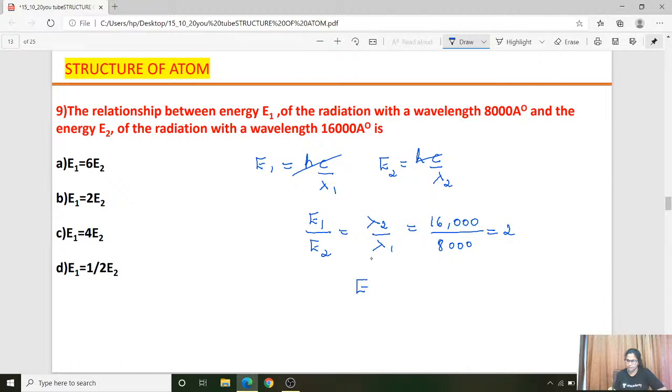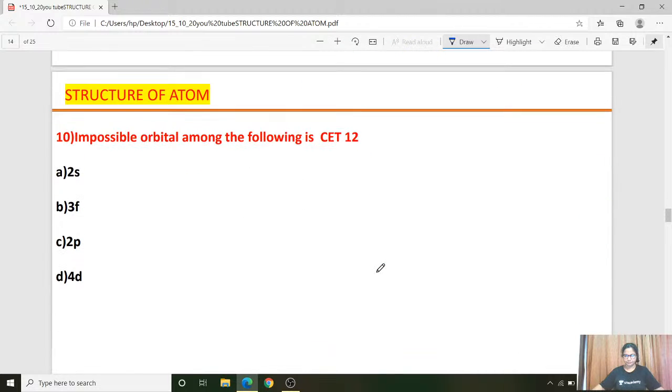So E1 is equal to 2E2. So students, you see what is the answer you are getting? E1 is equal to 2E2. So this will be the right answer. I hope you have understood, students. So we will go to one more question.